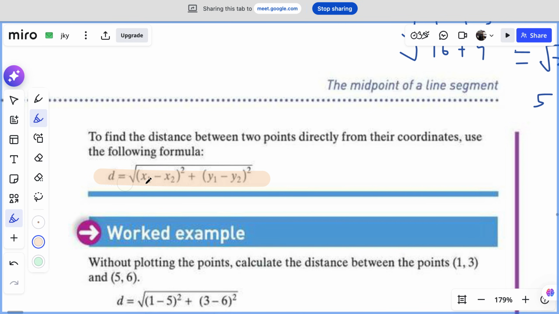Okay, since they started from positive, let's choose 4. If you put 4 here, it becomes negative 4 plus 4, you get 0.